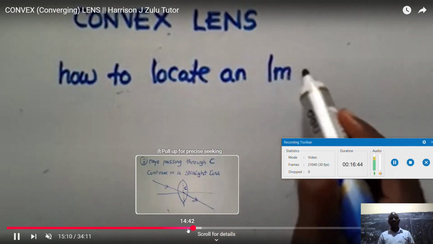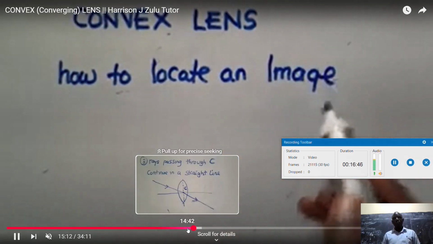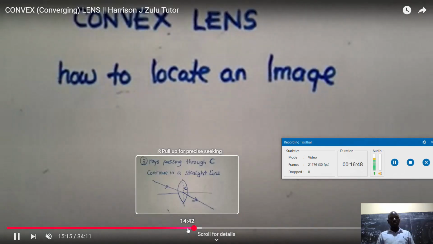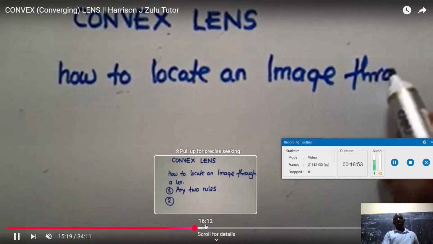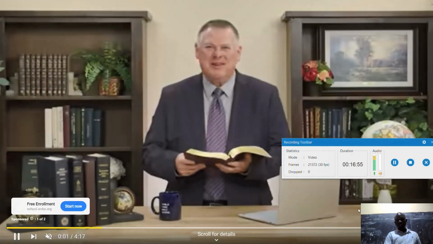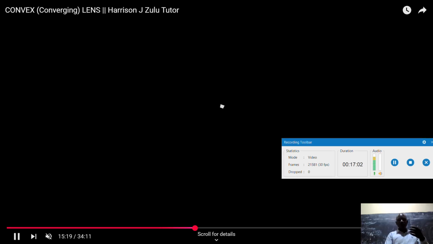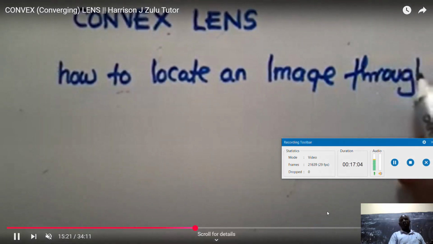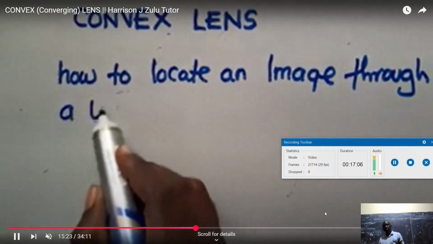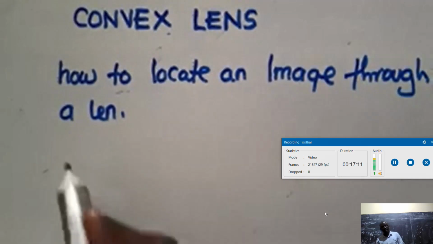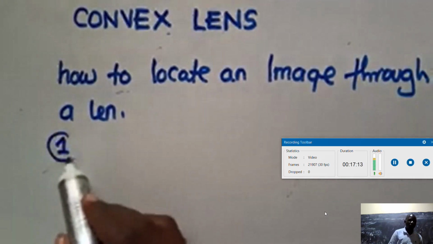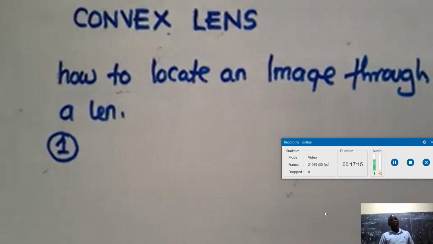So the various positions of these images can be located, and we shall use any 2 of these rules which we have talked about. We may not use all of them, but only any 2 of them. But where the 2 refracted rays meet, it will give us the position of the image.